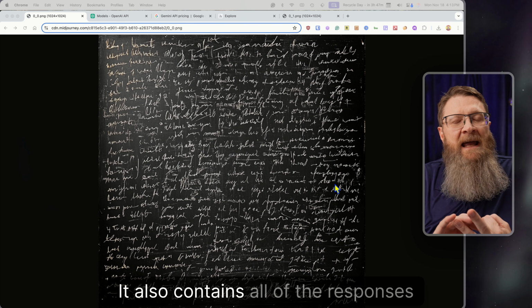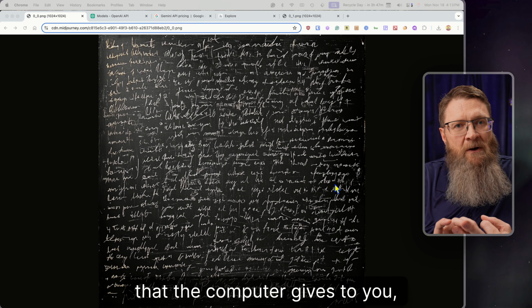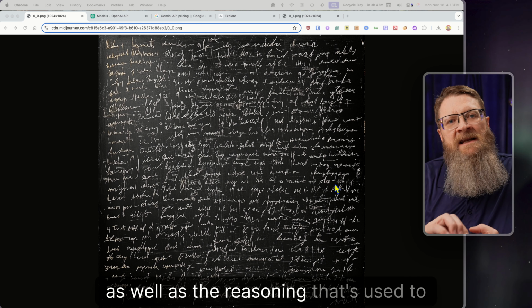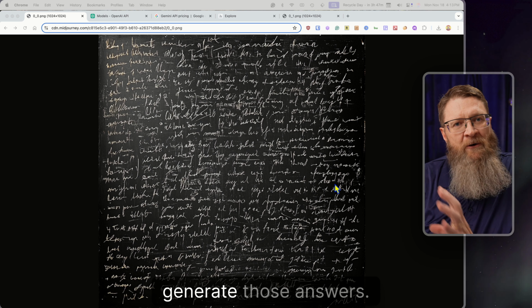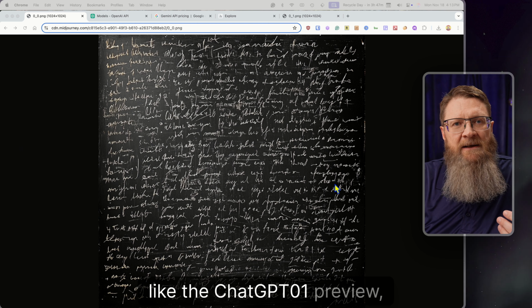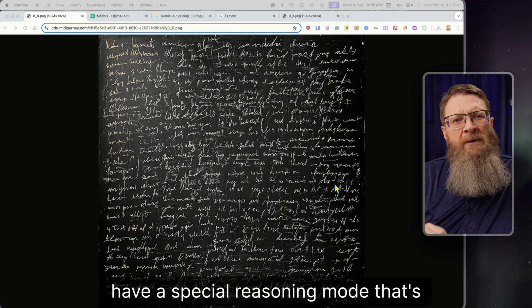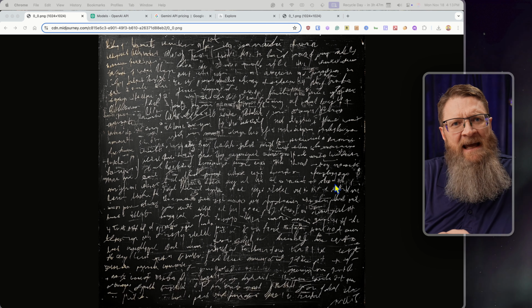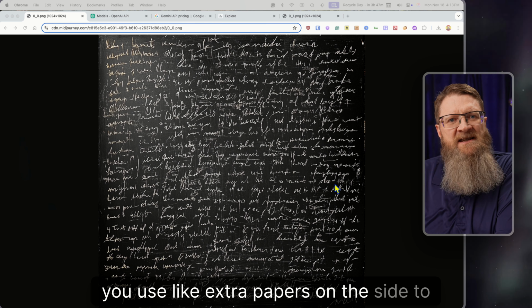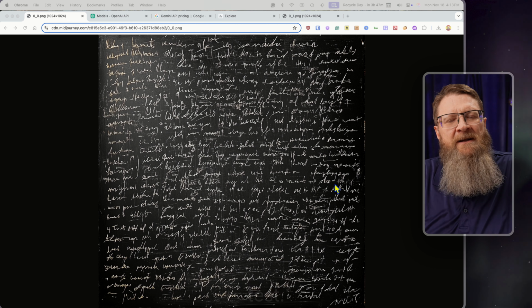It also contains all of the responses that the computer gives to you, as well as the reasoning that's used to generate those answers. Some of the recent GPT models, like the ChatGPT o1 preview, have a special reasoning mode that's kind of like when you take a test and you use extra papers on the side to write down your work, but you didn't always include it with your test.